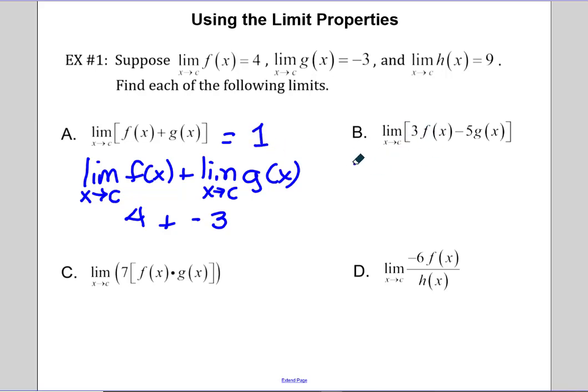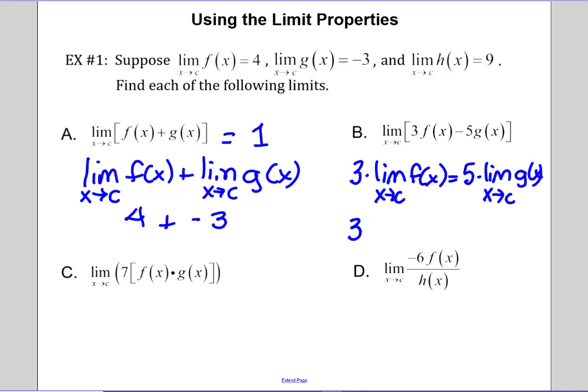In this case, we want to bring the constant out front, multiply times the limit as x approaches c of f of x, and then bring the constant out front and multiply as the limit approaches c for g of x.